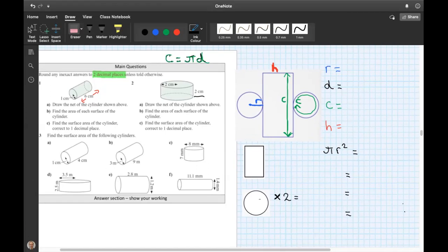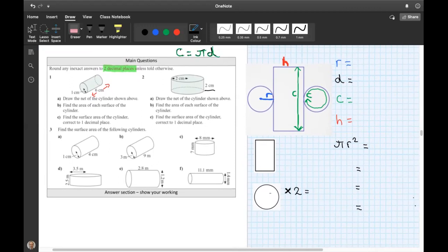Right then. Next question, we are on question D, 3D. Back to the radius now. We've been given our radius of 3.5 meters. Our diameter, double that, 7 meters. Your circumference will be the diameter multiplied by pi. Your height, pardon me, has been given to you, and that's 2.5.